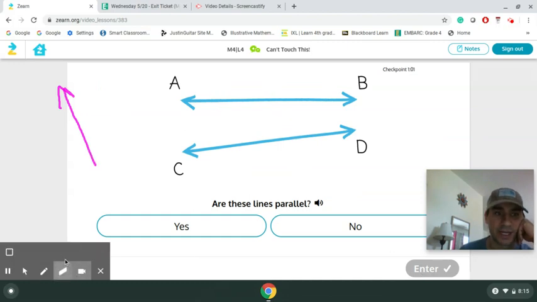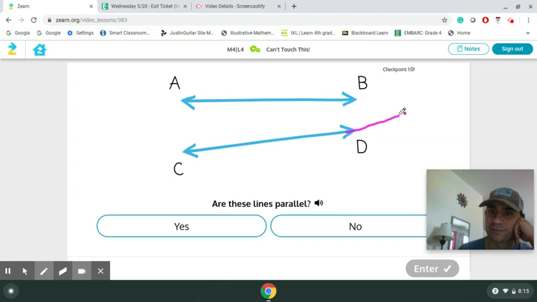How about these two lines? This one's tricky because they're not touching, but are they parallel? Well, if they continue forever, it looks like they will eventually touch.